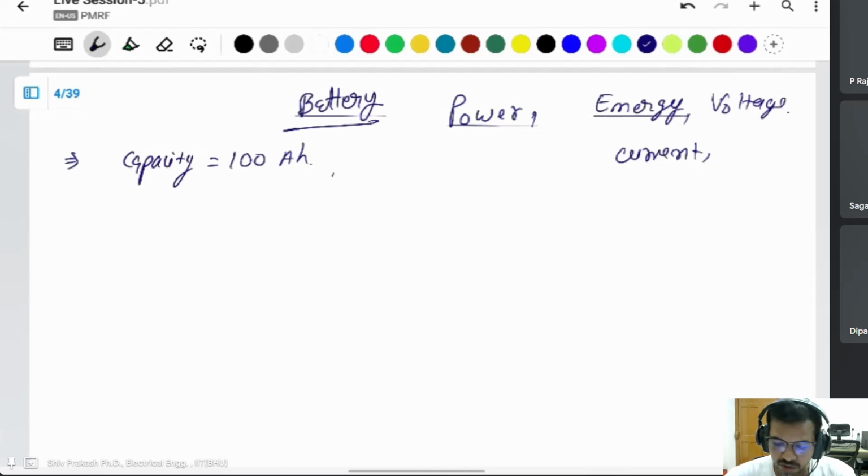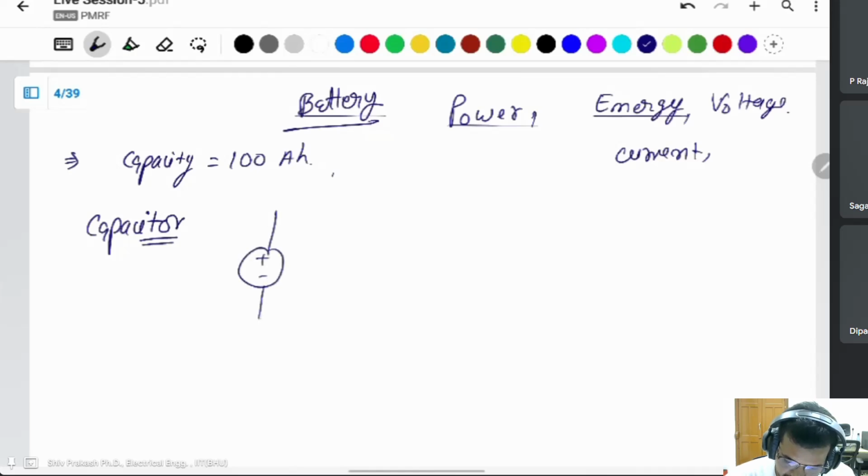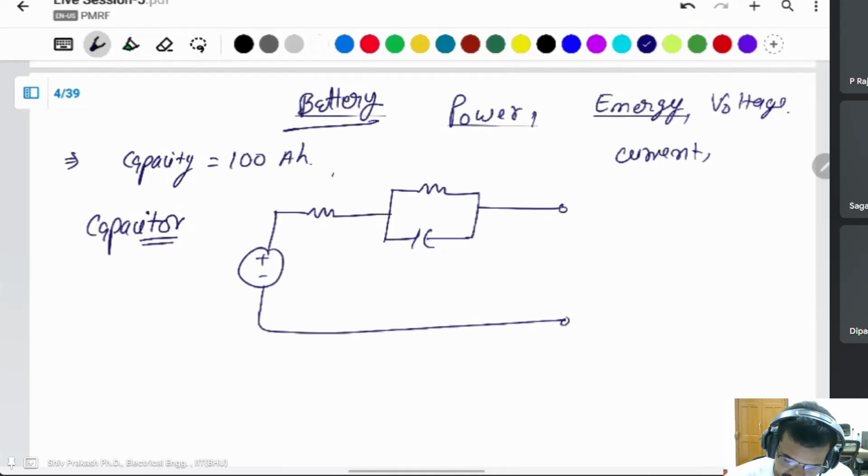Like you know about the capacitor. A battery has an equivalent circuit diagram like that. Some behavior of the battery also matches the capacitor.